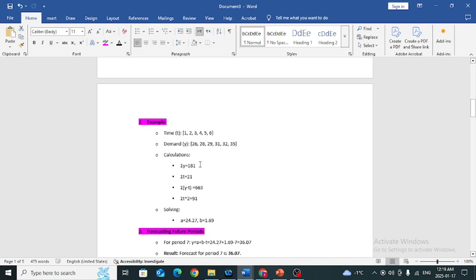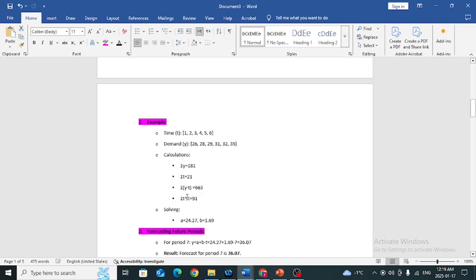The total of this is 181, and sigma t is 21, which we get by adding these numbers.